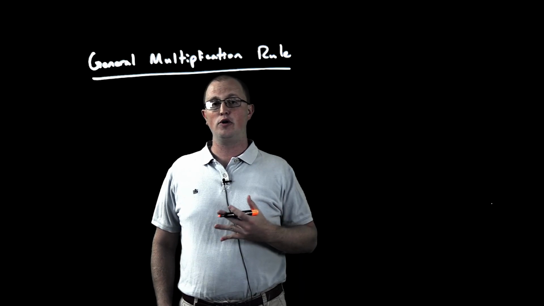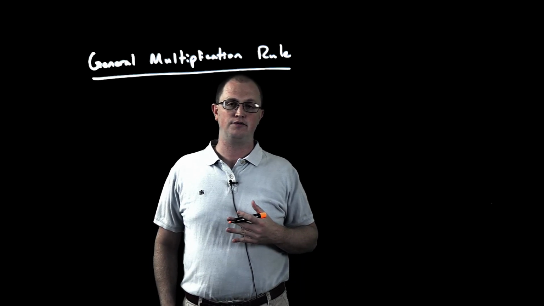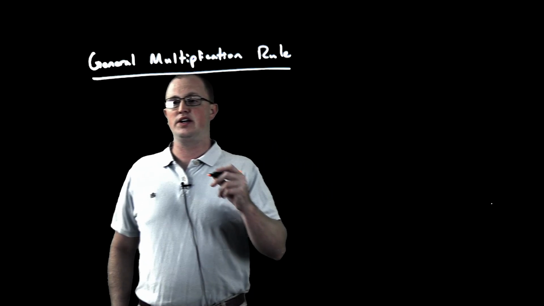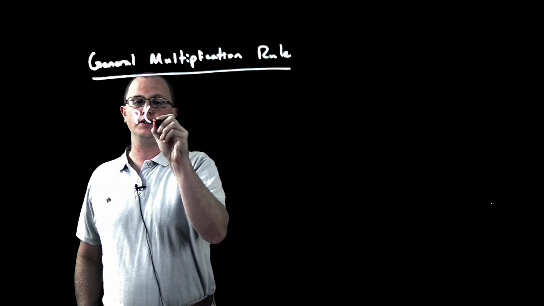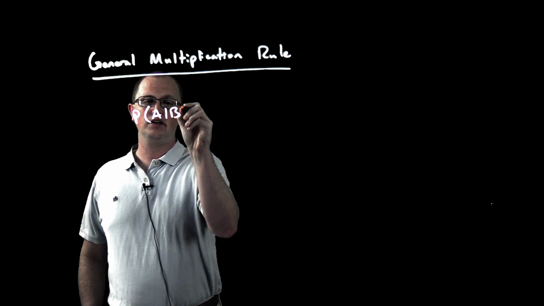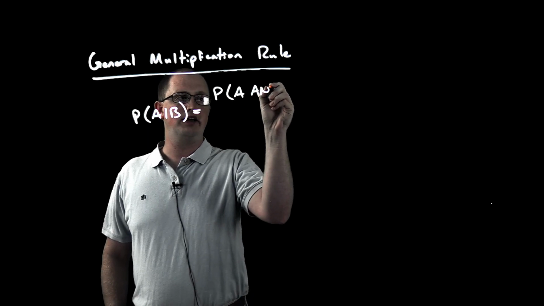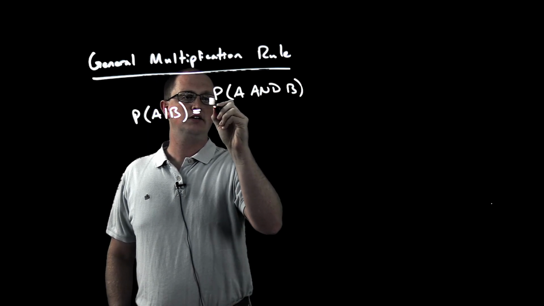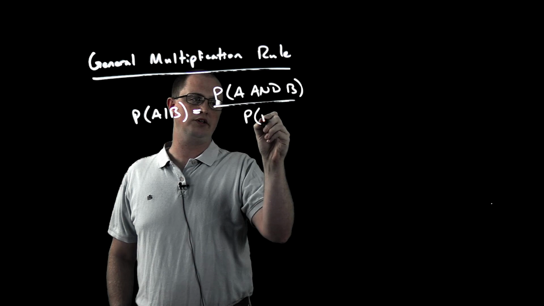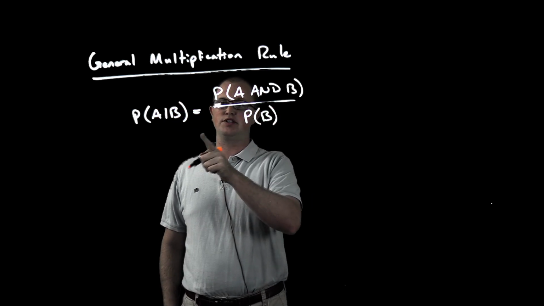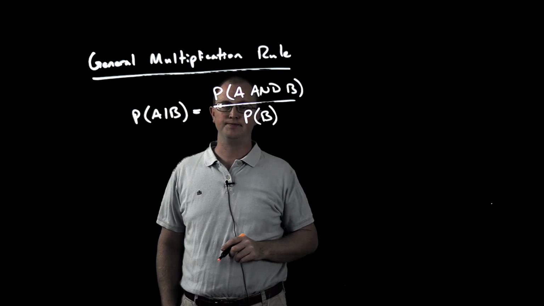And the formula comes from the formula that we introduced for conditional probabilities. We said that the probability of A given B is equal to the probability of A and B divided by the probability of B. So this was our definition of conditional probability.